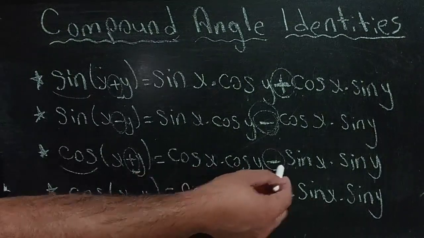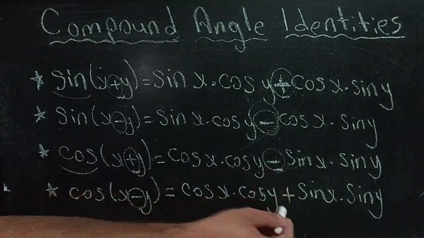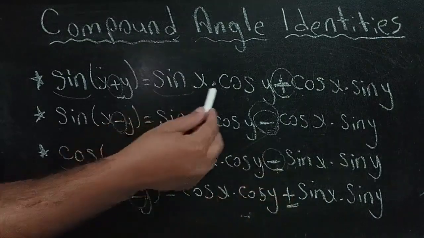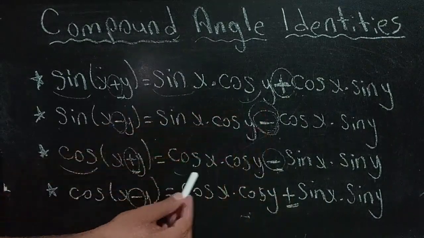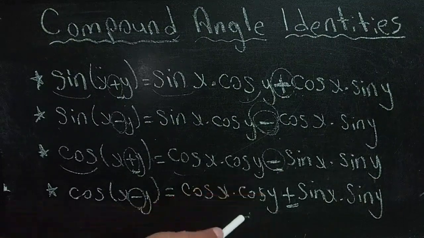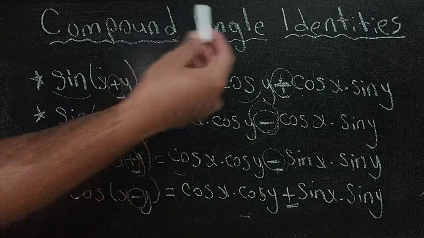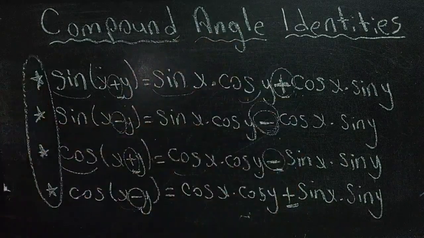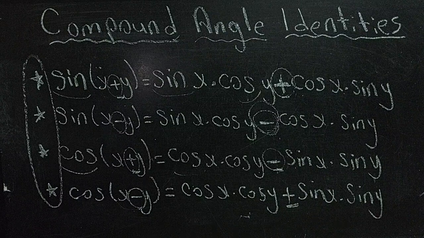Positive will be negative, and thus negative will be positive there. And the other thing, you see the sinus x cosinus y, but there cos x times cos y. Right. So now we should memorize those four formulas to prove double angle identities.